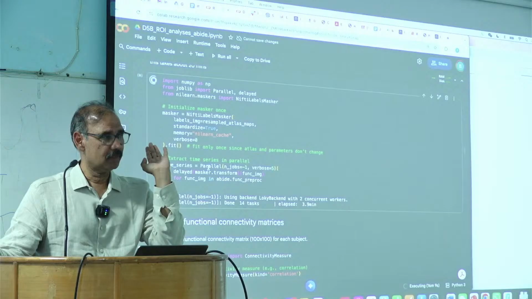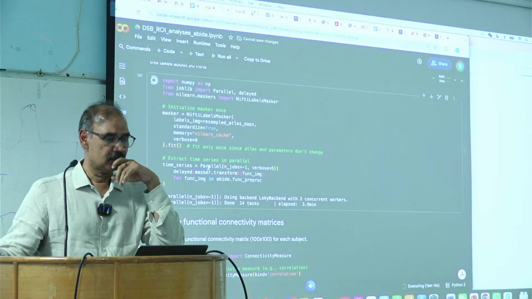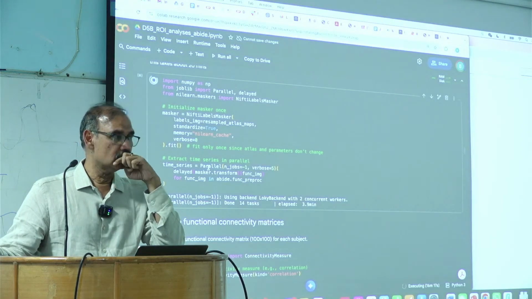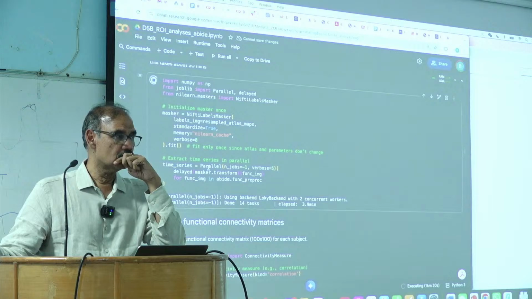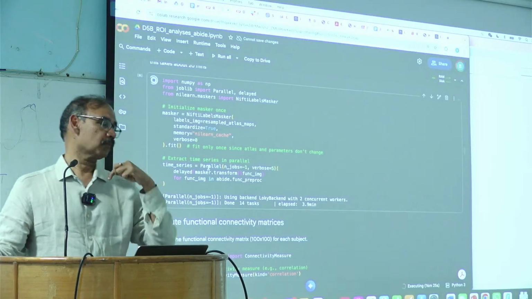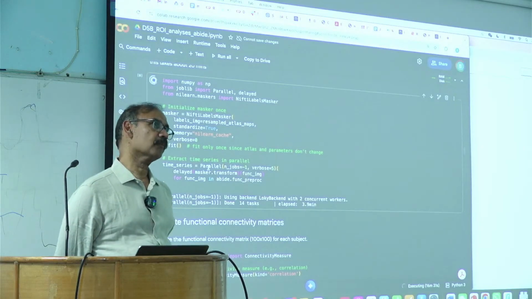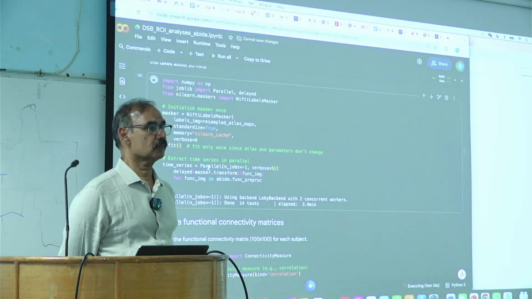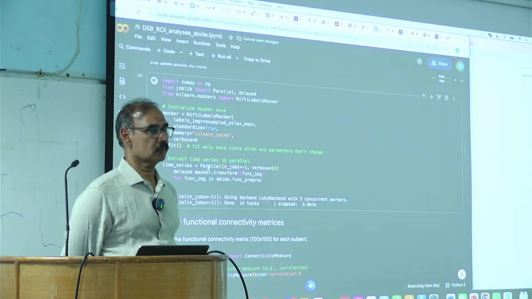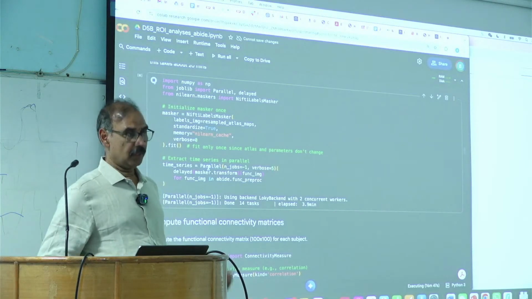You have autism data, pre-processing using the pipeline, dividing the data, stratifying the data based on the level of severity of autism, and then the group-wise functional connectivity will be located for each of the severity. So mild, moderate, severe, there are three severity levels, based on ADOS.